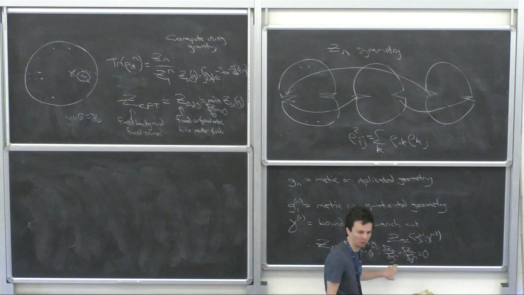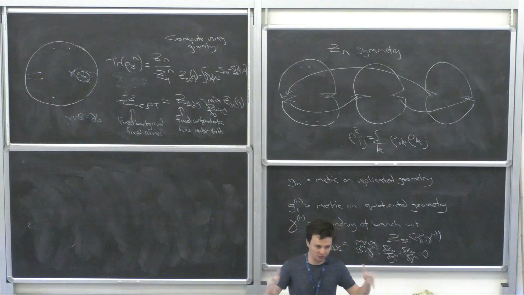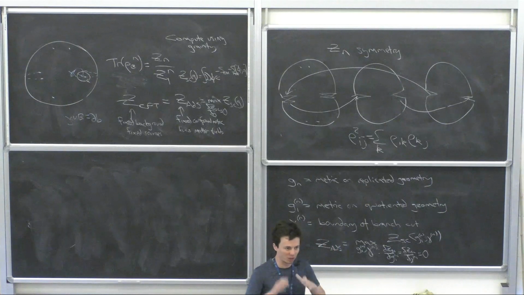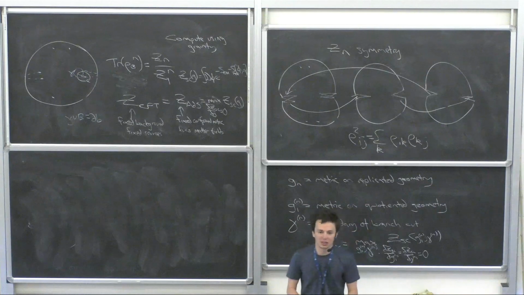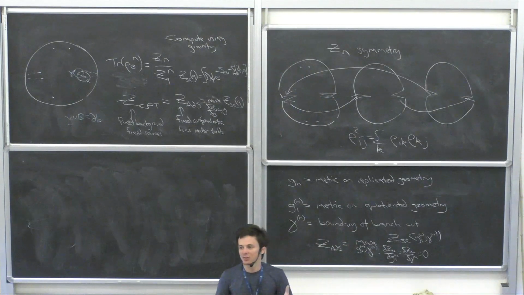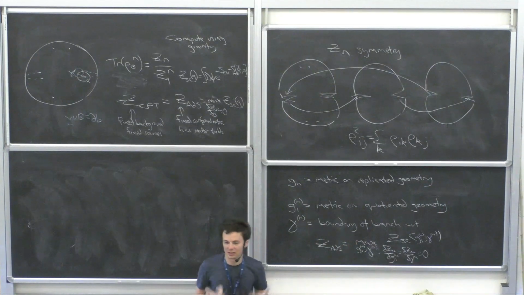This is just some geometry on one single copy of the geometry, and this is just some surface in the geometry, and they depend on n in some way, but there's no obvious reason we're going to need n to be an integer.